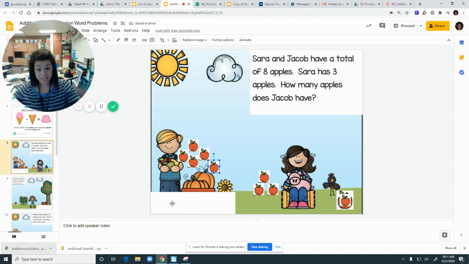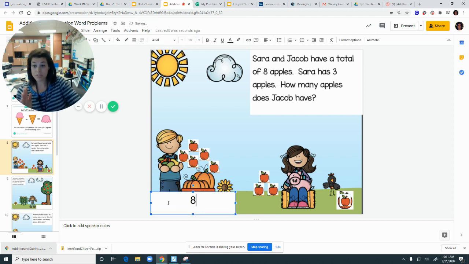And that's a subtraction problem because they had a total, which was 8. Sarah took her 3 away because they were hers. And Jacob was left with his 5. So 8 minus 3 equals 5. They had a total of 8. Sarah took her 3. Jacob had 5.